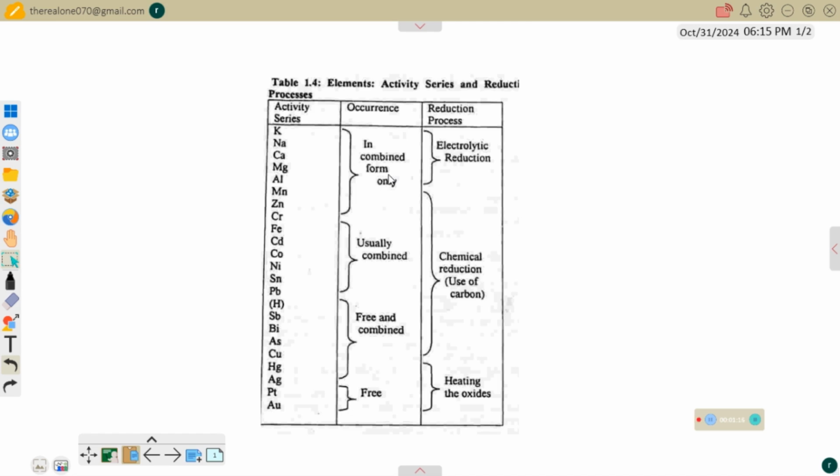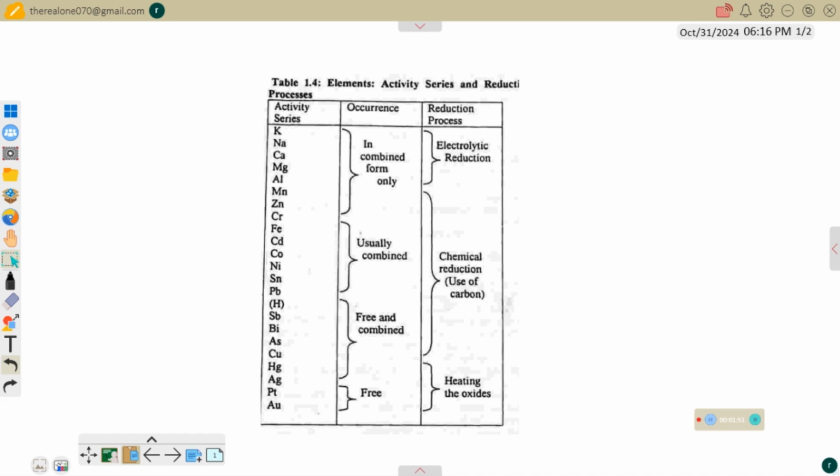Even if they are placed on any surface, they will quickly react with other elements. That is why they are always found in combined state. The next category of elements, from chromium down to lead, are not as reactive as the first batch above. They are usually also in combined state, but they are less reactive.